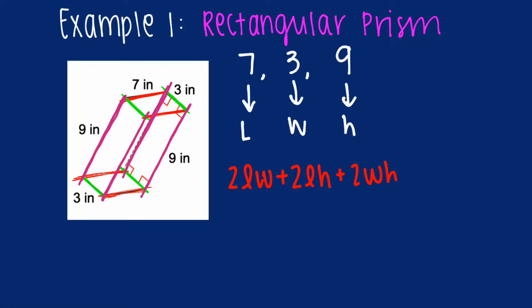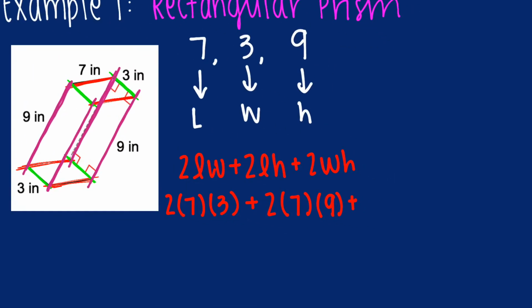So first I'm going to fill in all of the numbers I have. So 2 times my length is 7, my width is 3, plus 2 times my length again is 7, my height is 9, plus 2 times my width is 3, and my height is 9.